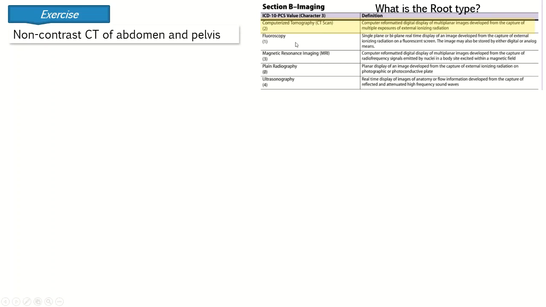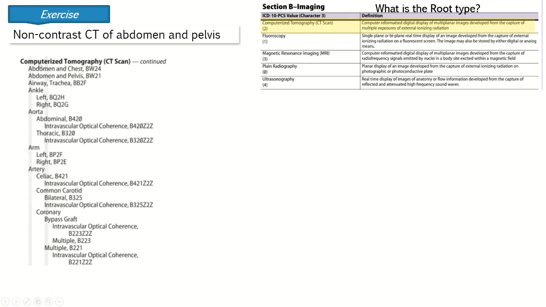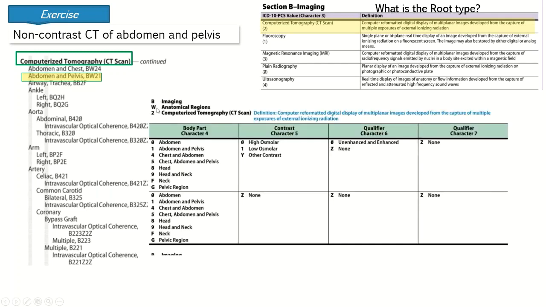So what we're going to do next, we're going to look up computerized tomography CT scan in our index. Then we're going to scroll down and we're going to look for abdomen and pelvis, and it's going to give us the code BW21. Now, we're going to have to find the corresponding table. And there it is, BW2.